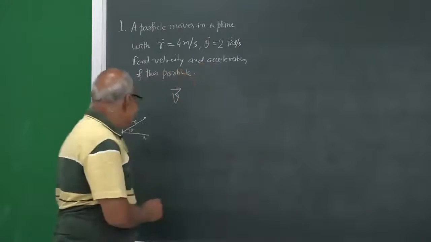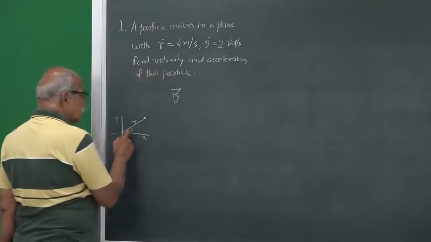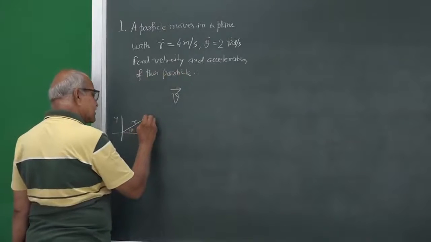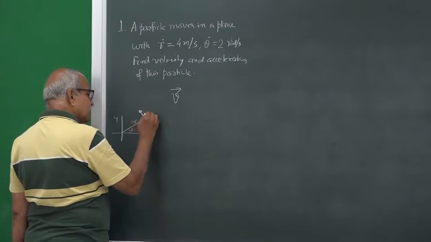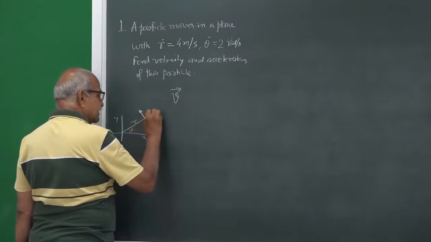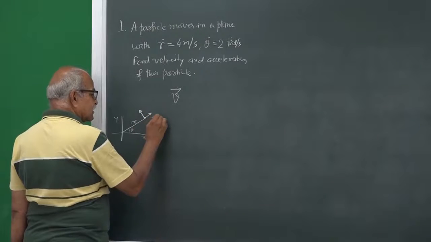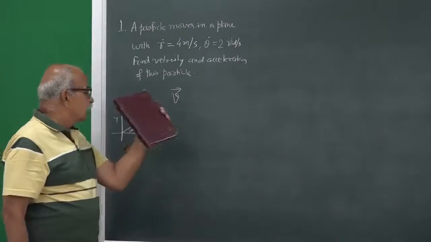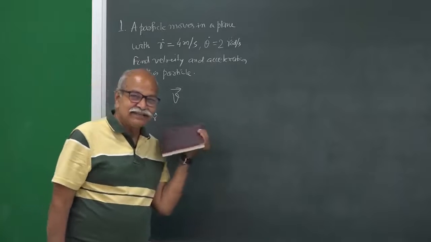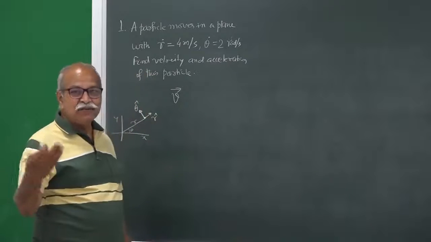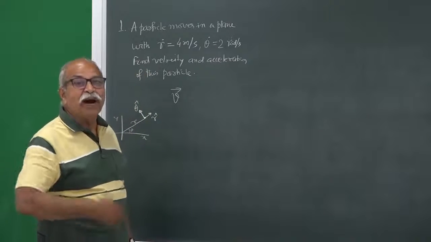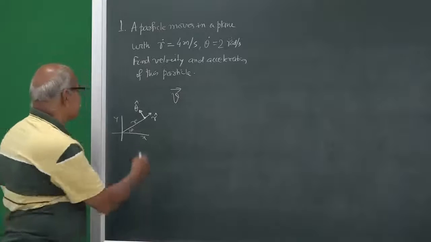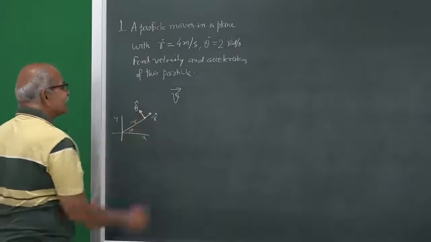I call this theta cap direction the transverse direction, and r cap direction is the radial direction. So, this is r cap and this is theta cap, although this book calls it tangential, but tangential would mean tangent to the path, not perpendicular to this radial.